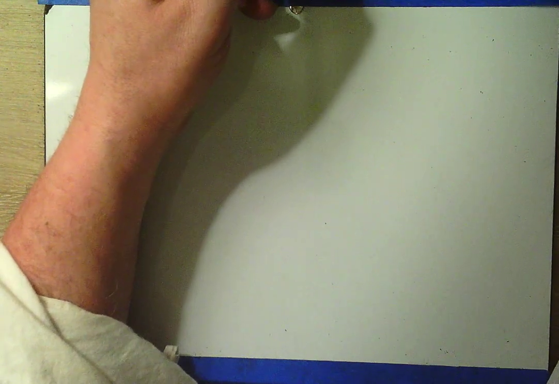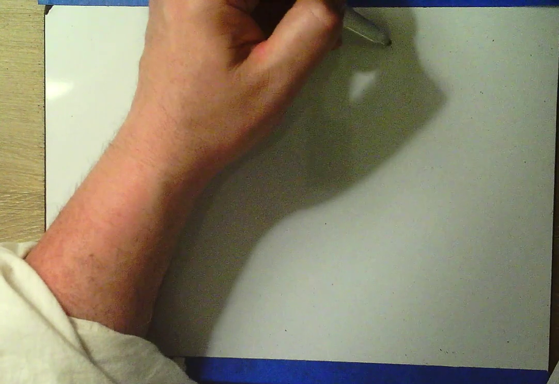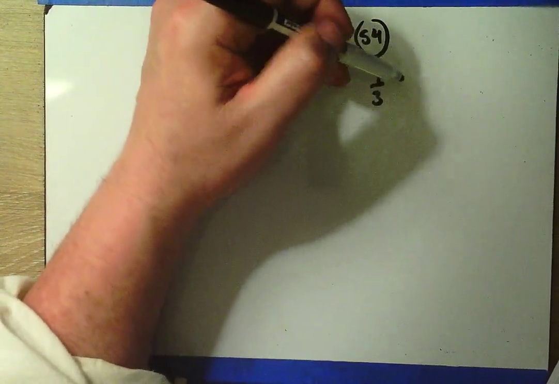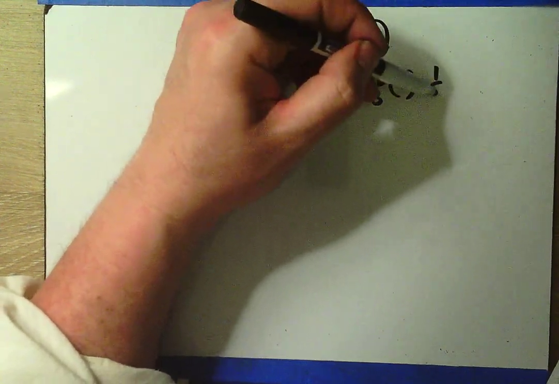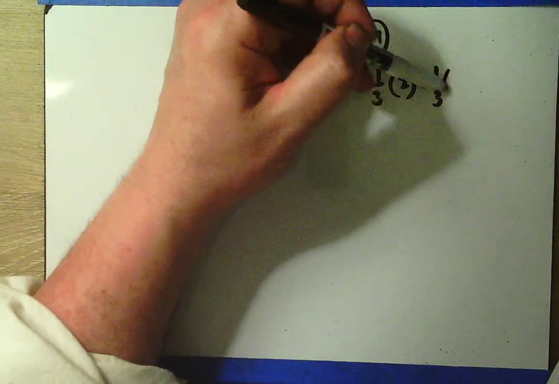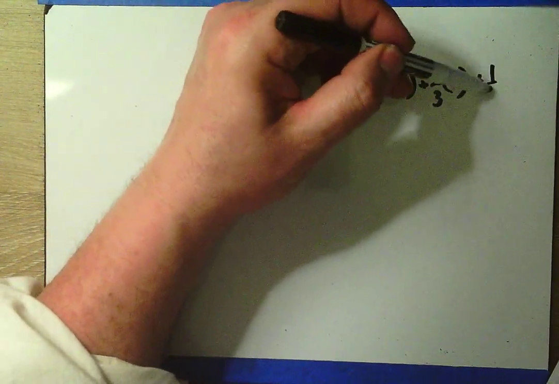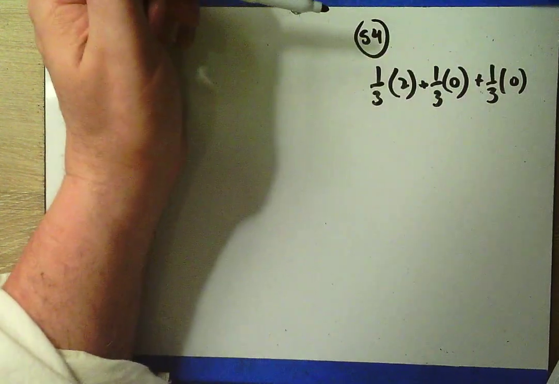54. Evan and Ron play rock, scissors, paper. Each round has 3 equally likely outcomes for Evan: win, lose, or tie. Evan earns 2 points for a win. That means Evan has a 1/3 chance of winning and getting 2 points. He also has a 1/3 chance of tying and getting 0 points, and a 1/3 chance of losing and getting 0 points.